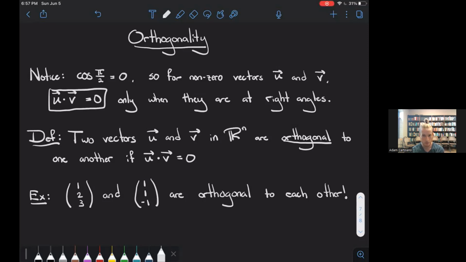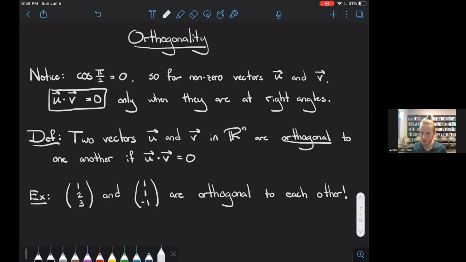By the way, I didn't say non-zero vectors in the definition. It turns out the zero vector is orthogonal to every vector in Rn. I challenge you to try to take the dot product of the zero vector with any other vector. Tell me what you're going to get. Put it in the comments or something.